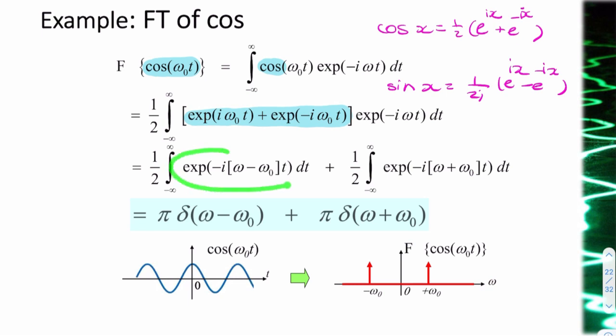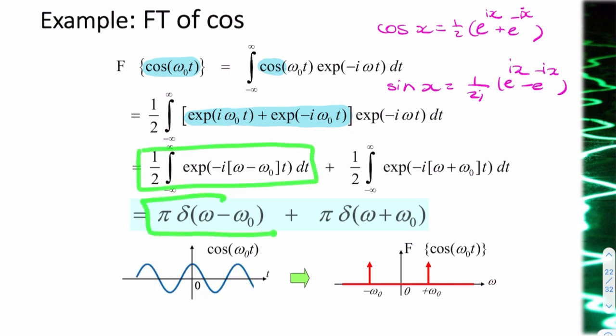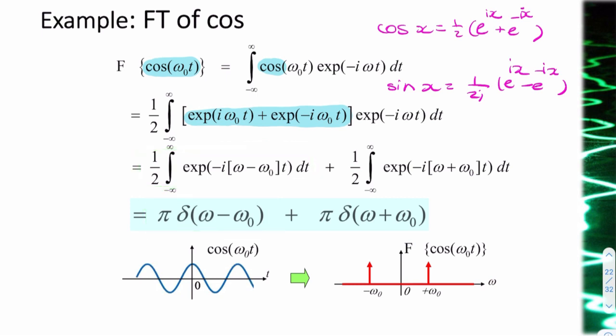So you can visualize this as the Fourier transform of that. So the Fourier transform of an impulse is simply a constant.